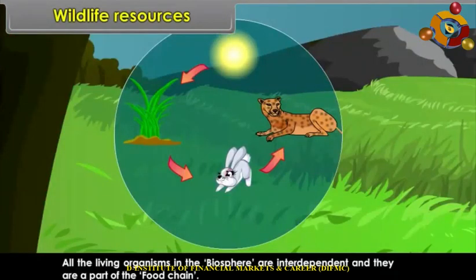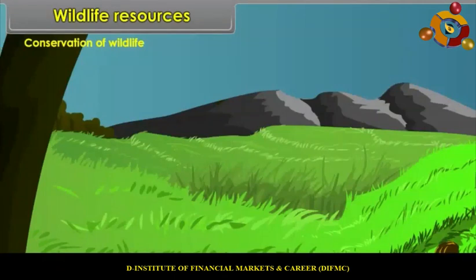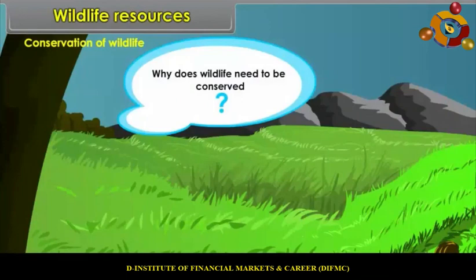All the living organisms in the biosphere are interdependent, and they are a part of the food chain. Conservation of wildlife. Why does wildlife need to be conserved?